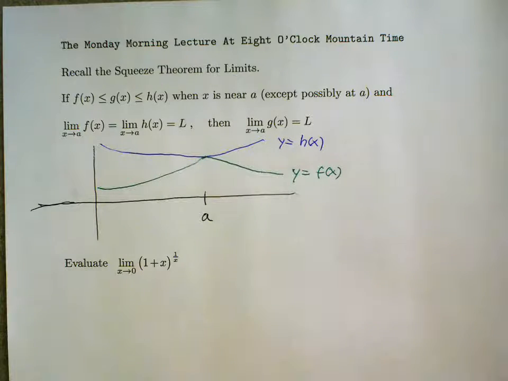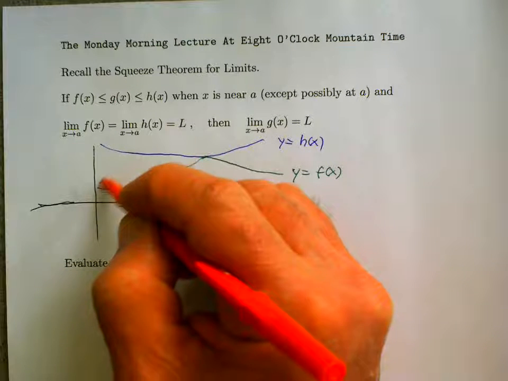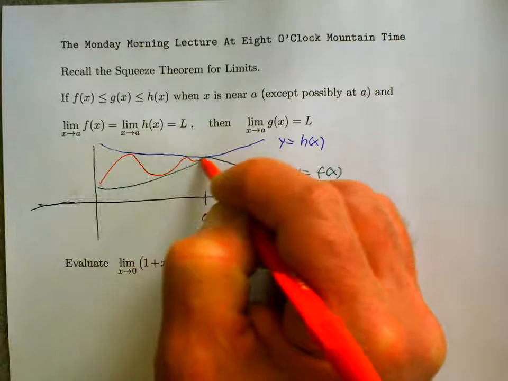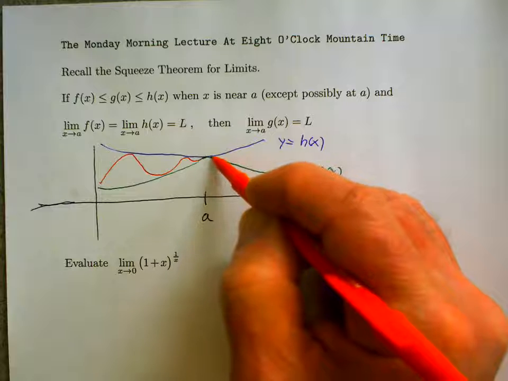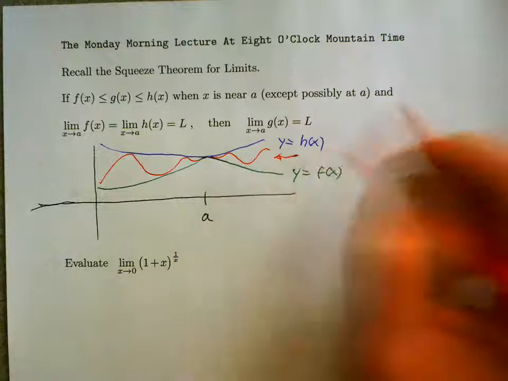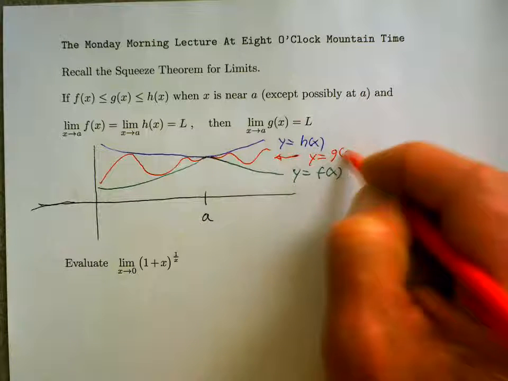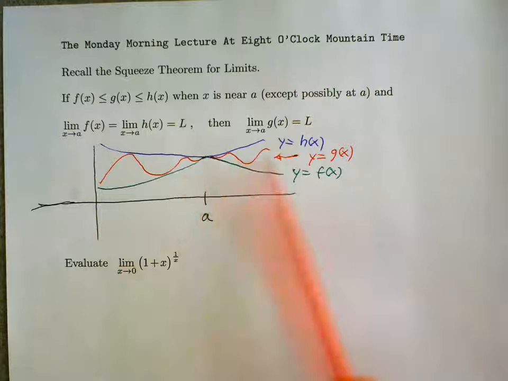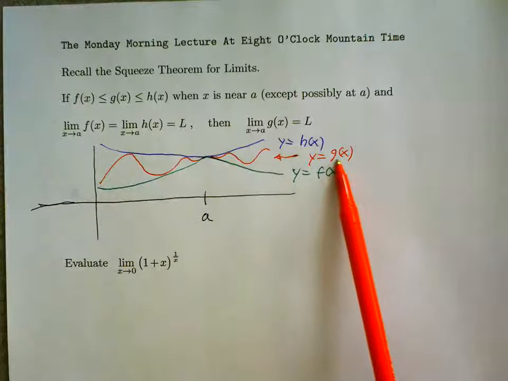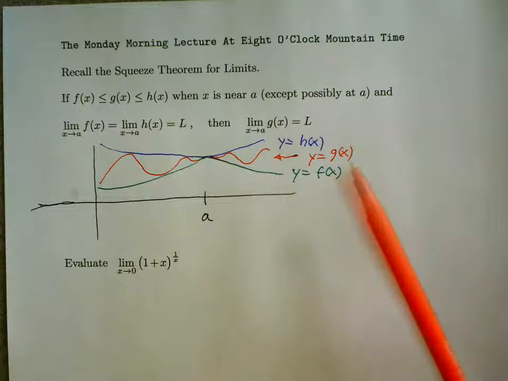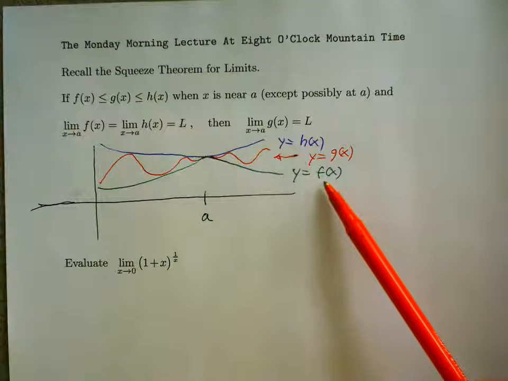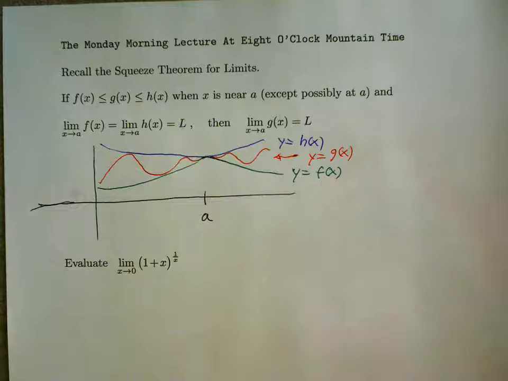And then if another function is between f of x and h of x, so the graph of the red function is y equals g of x, then you can see in this illustration that the limit of g of x as x approaches a has to be equal to the limit of h of x as x approaches a, and also the limit of f of x as x approaches a.